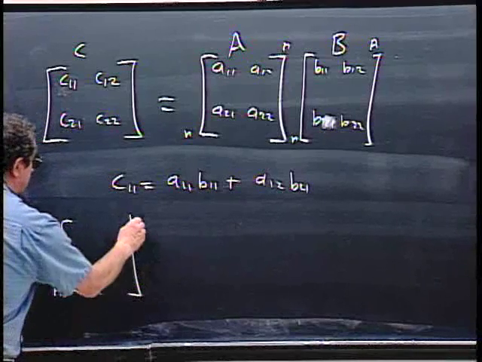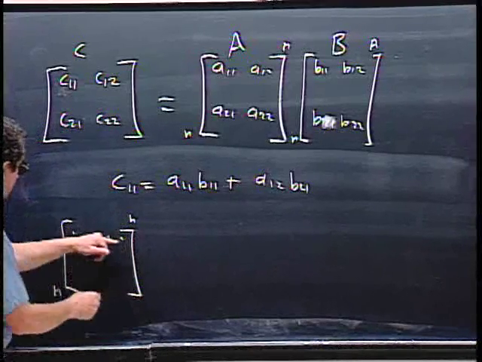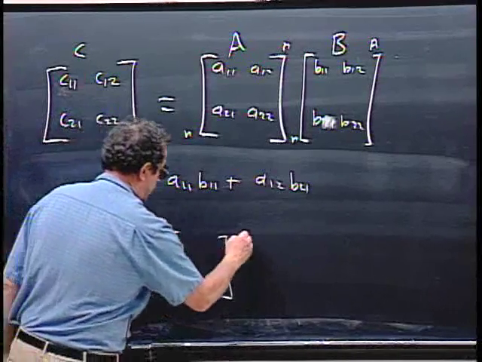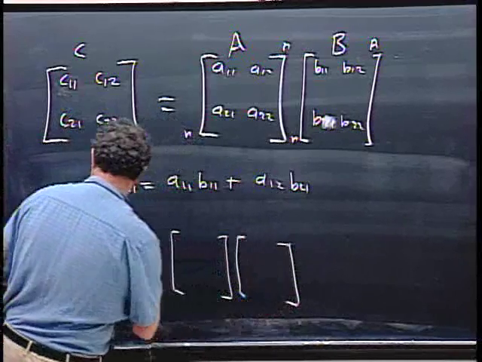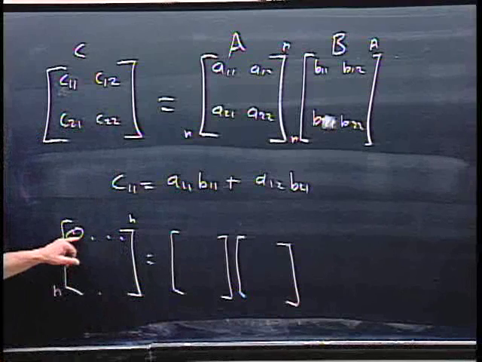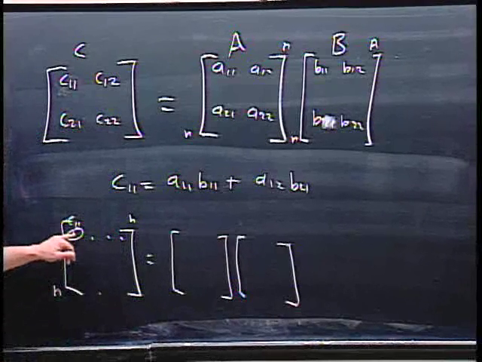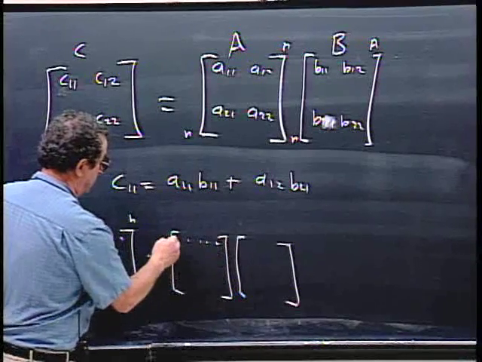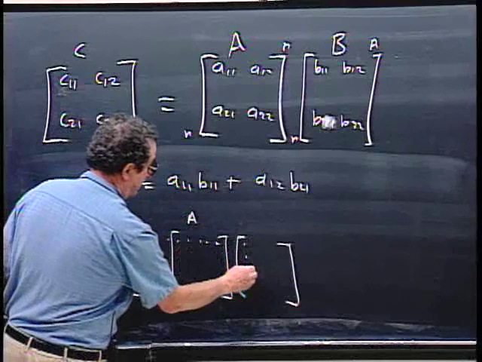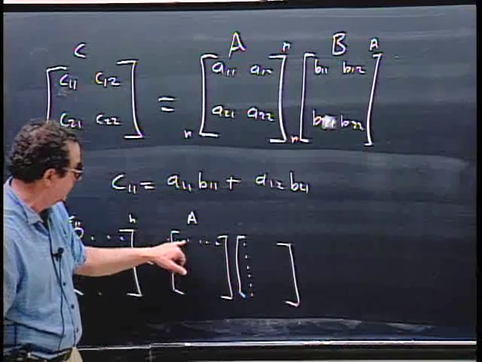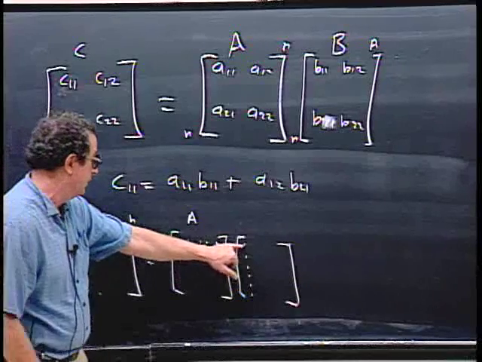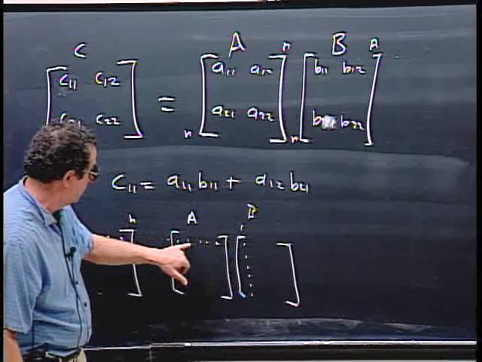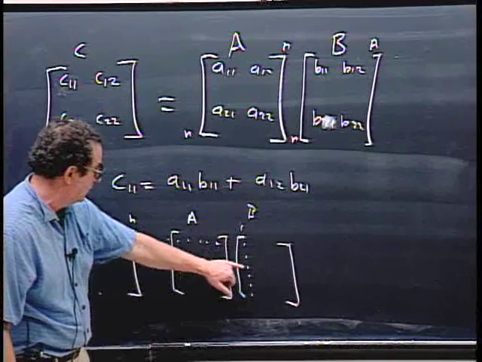If we talk about an n by n, then each row has n entries, and to get the first entry, which is still C11, we have to multiply all the individual values in row 1 of A, where each individual value gets multiplied by a corresponding individual value in column 1 of B. So the first one gets multiplied by the first one, the second by the second one in the column, the third by the third, and so on.